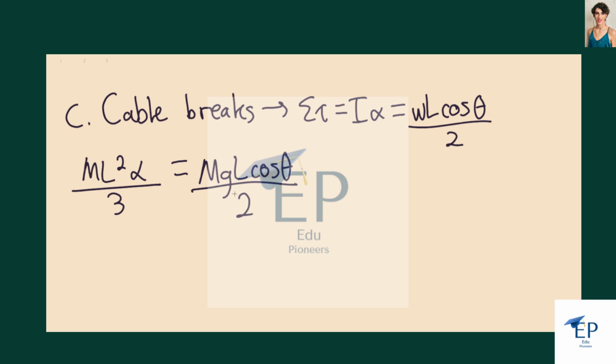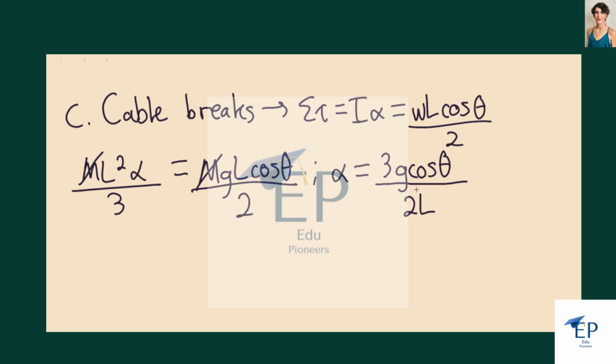And let's solve for alpha. So the m's cancel out, and the angular acceleration is equal to 3g cosine of theta divided by 2 times the length.